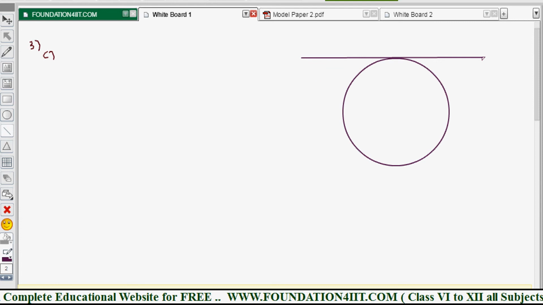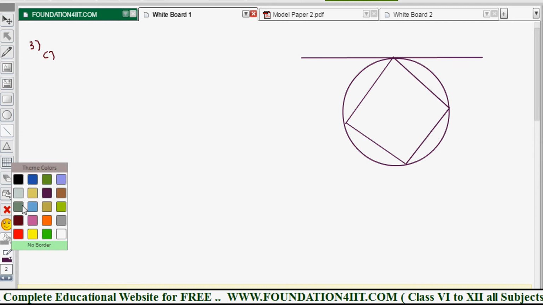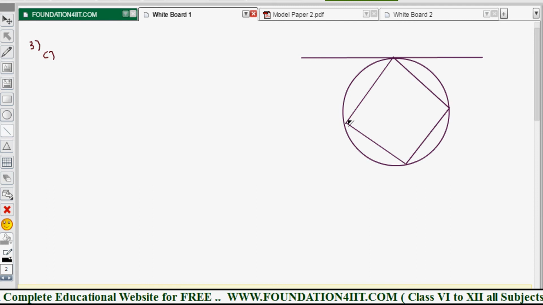PQ is the tangent, and BD is the diameter. Let's take the points A, B, C, D, and PQ is the tangent to the circle.